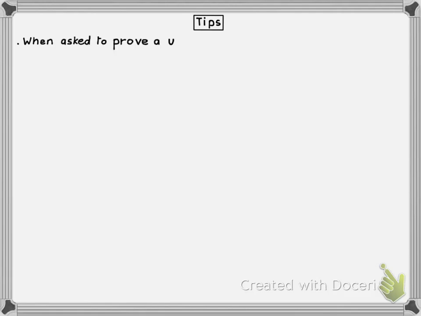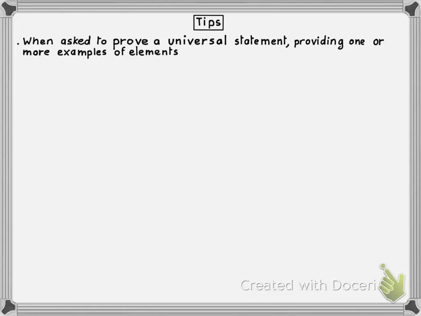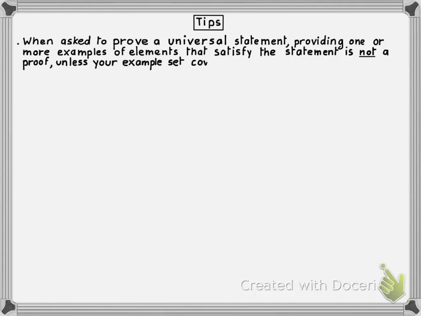So, my first tip is to realize that when you're asked to prove a universal statement, if you go about it by providing one or a few examples of elements for which the property in the theorem holds, that does not constitute a proof. You cannot prove a universal statement just by considering one or a few examples, unless, of course, your set of examples covers the whole universe.